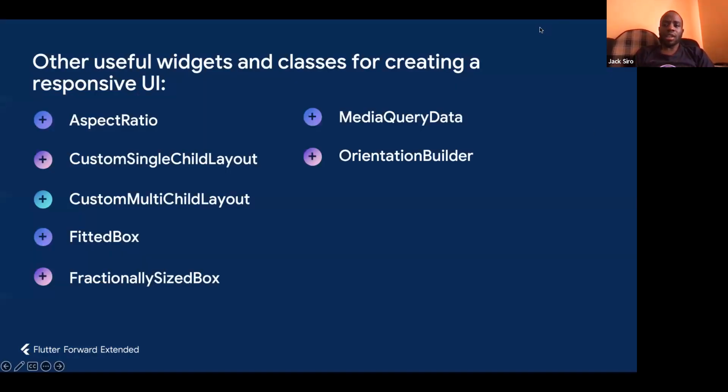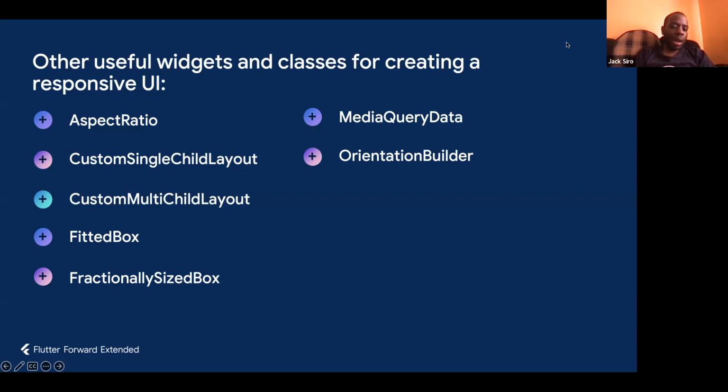So let's look at useful widgets and classes that we can use for creating a responsive UI. Number one is the aspect ratio, then we have the custom single child layout, the custom multi-child layout, the fitted box, the fractionally sized box, the media query data, and the orientation builder.